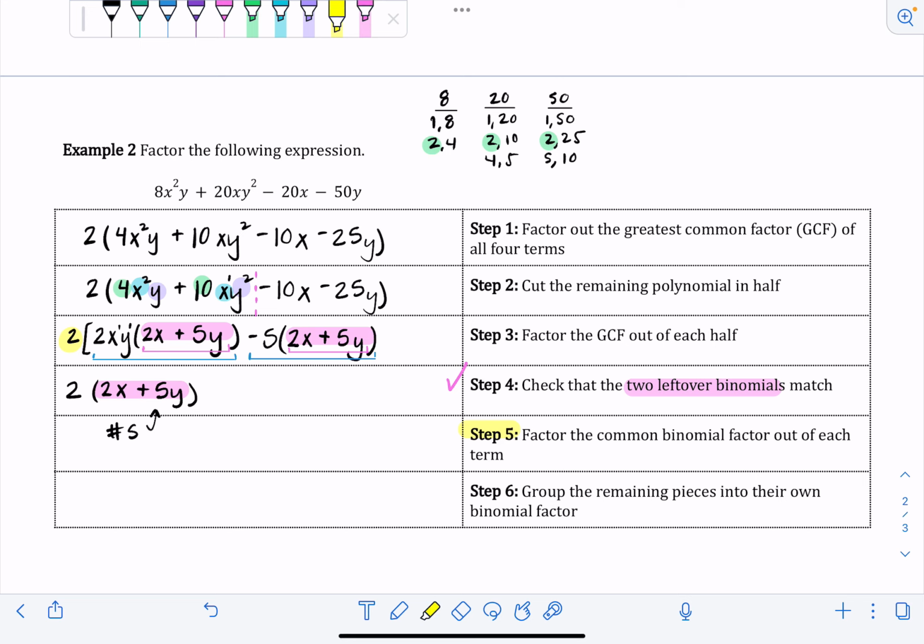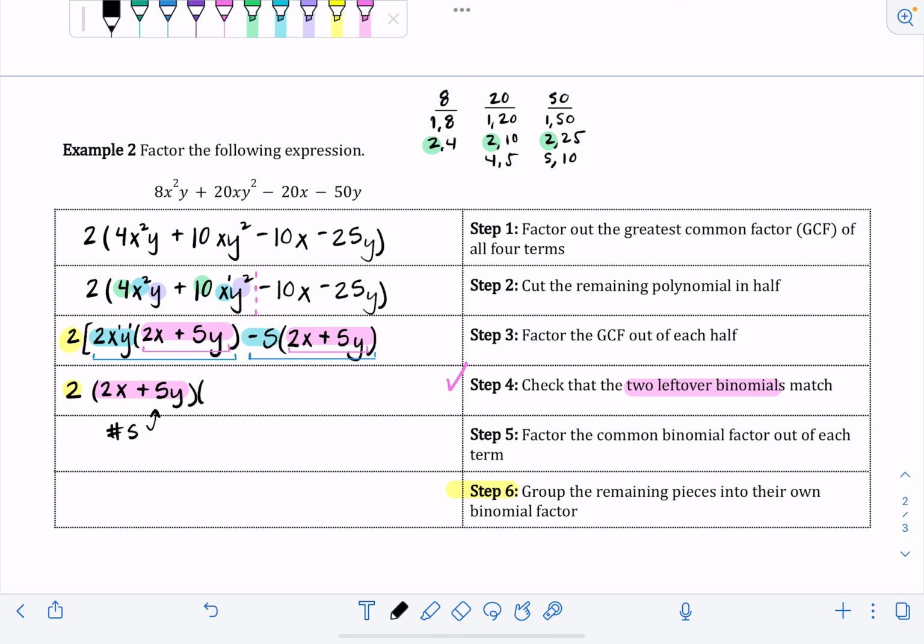For step number 6, it says group the remaining pieces into their own binomial factor. When I say remaining pieces, we already brought down this 2, and we factored out the part highlighted in pink, the 2x plus 5y. So the remaining pieces are this 2xy and this negative 5 right here.